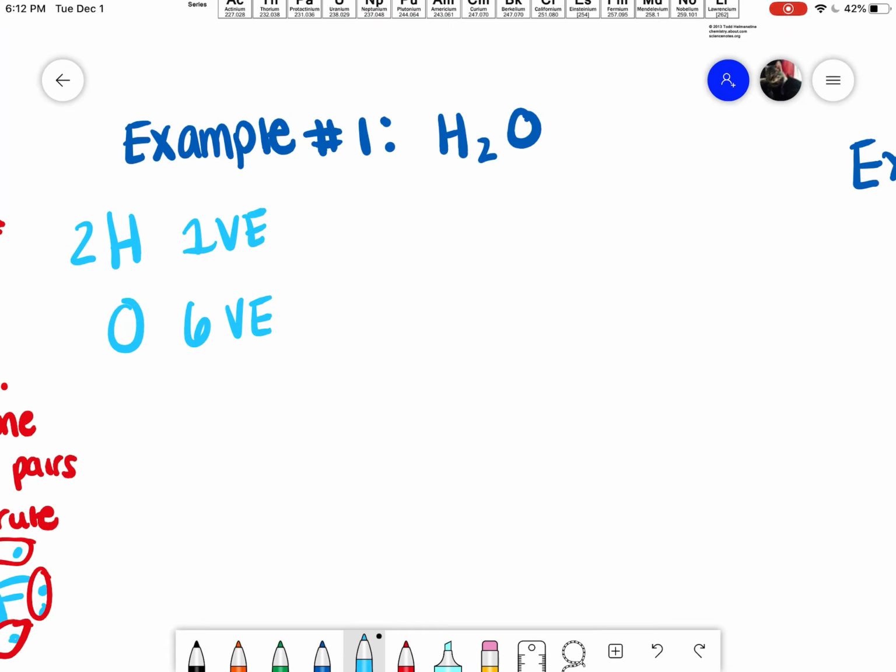So I'm going to go ahead and draw oxygen with its 6 valence electrons. And then we are going to draw hydrogen with 1 valence electron. And you kind of want to put those lone electrons towards the center because they are going to be the ones bonding. And you don't want to create like a really weird squiggly line. You want your lines to be straight.